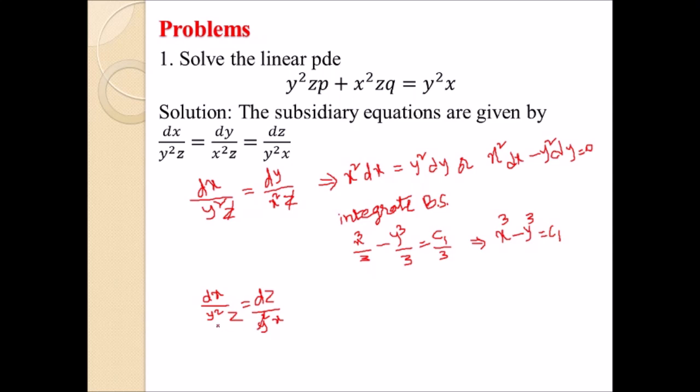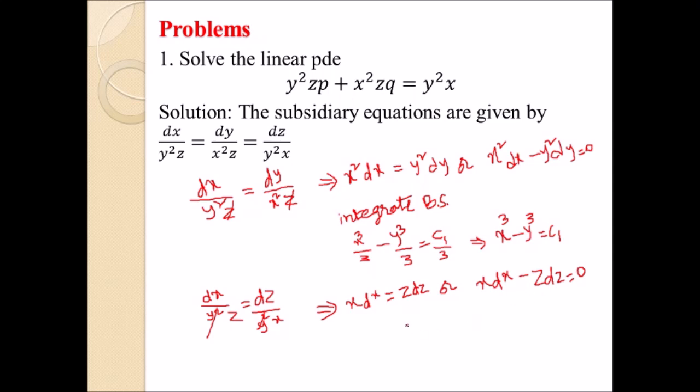Here y square and y square will get cancelled, so we get x dx is equal to z dz, or x dx minus z dz equal to 0.